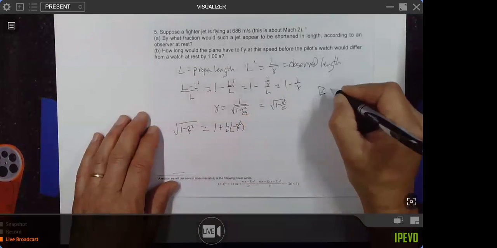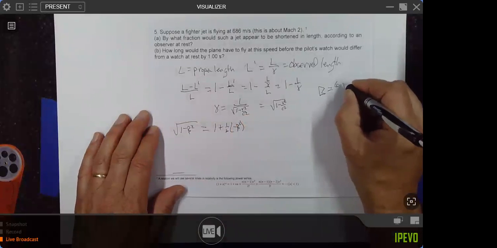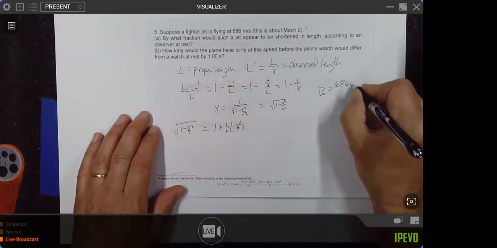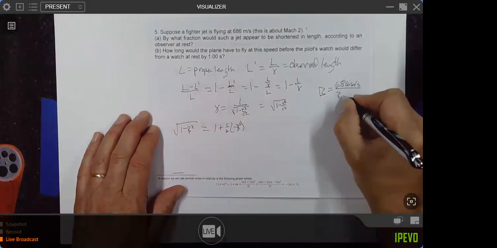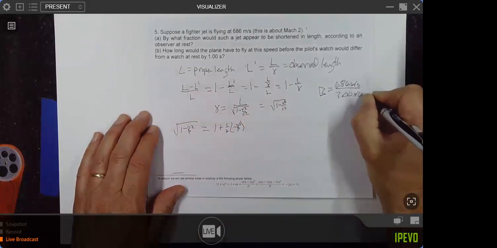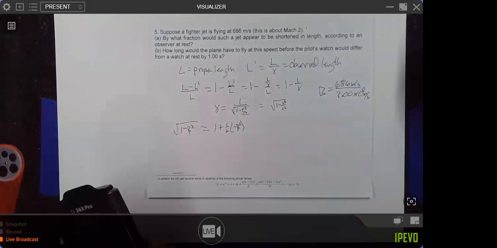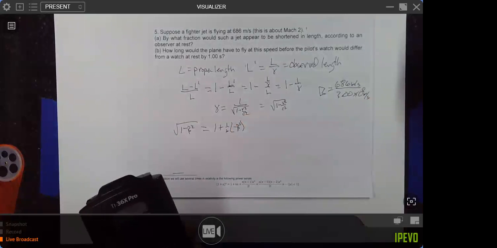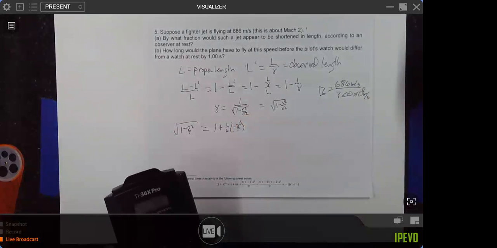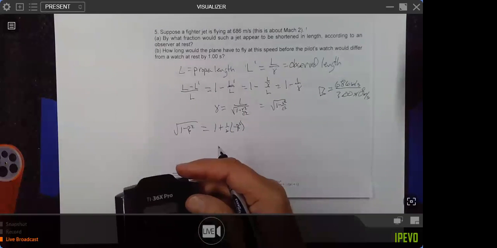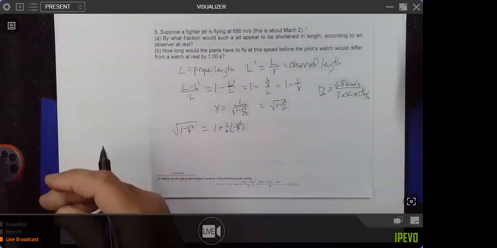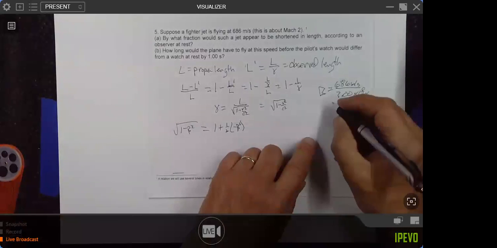For me, beta is going to equal 686 meters per second divided by 3.00 times 10 to the 8th meters per second, to 3 significant figures. And it's about 2.29 times 10 to the minus 6th.